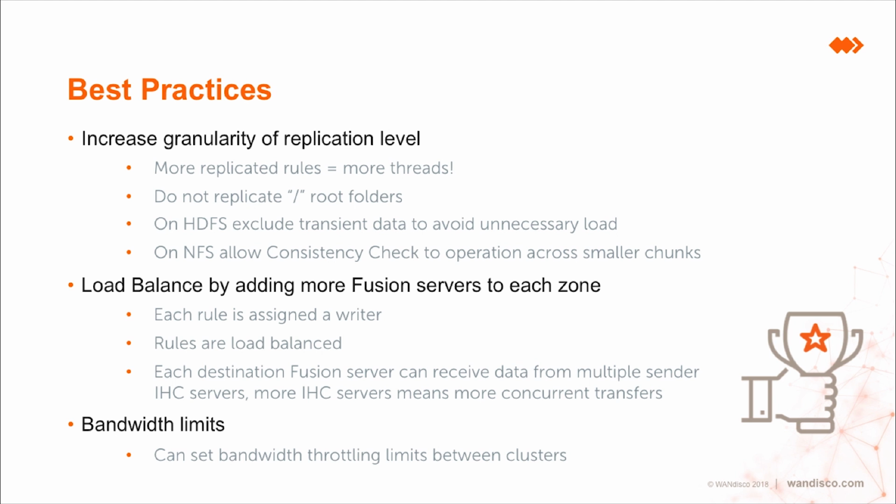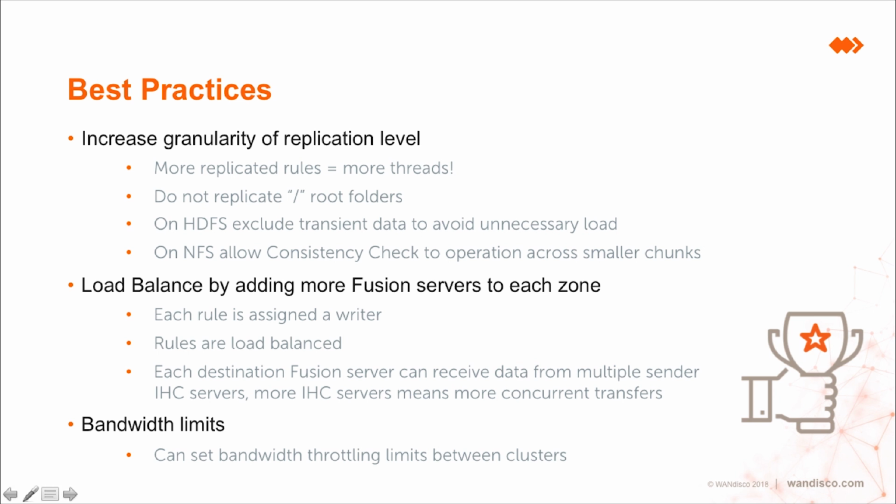On HDFS, the Hadoop file system, exclude data that isn't needed, what we call transient data. Those can be excluded in rules, and that will avoid unnecessary load. These will be temporary files that really have no importance in your overall replication strategy.